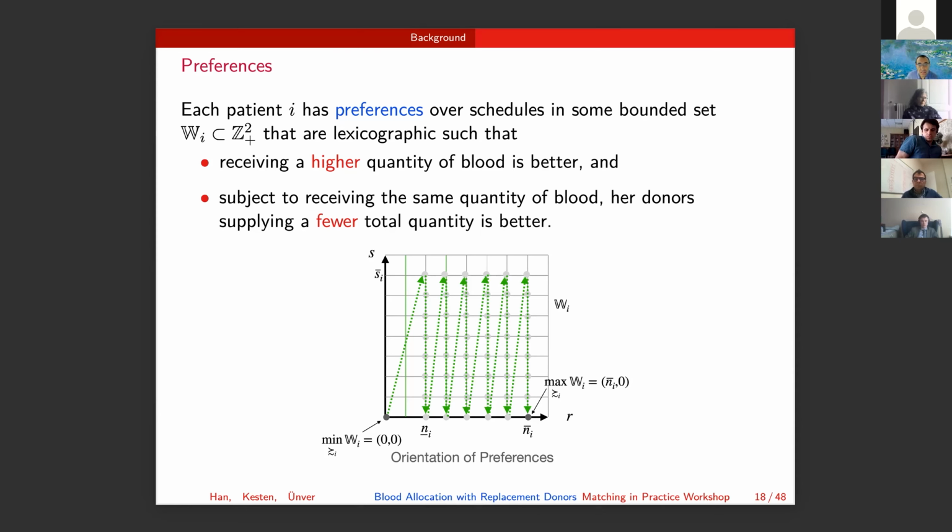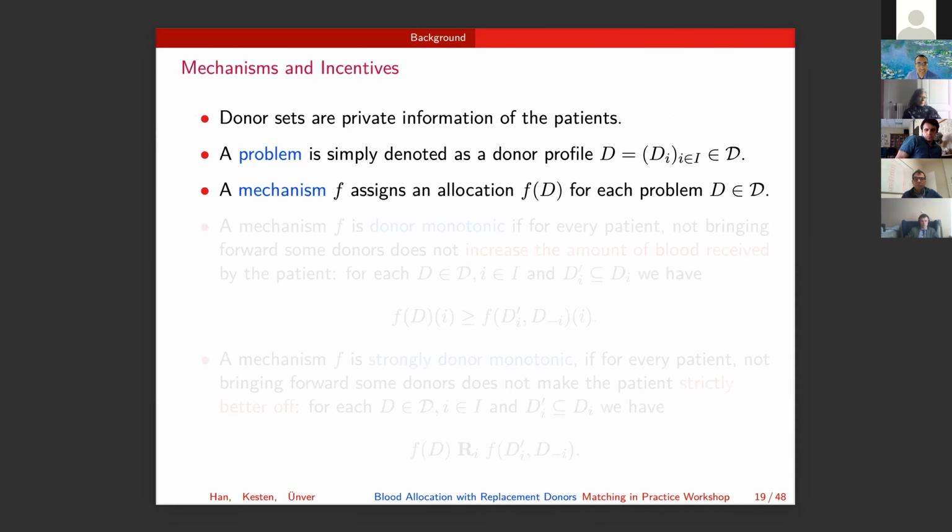All right. So now, like I said, donor sets are private information of the patients. A problem is simply denoted as a donor profile. So that's what I was responding to Francis' question. And a mechanism basically, I'm going to fix everything else, is going to assign an allocation f of d, if f is the mechanism, for each problem denoted by the collection of these donor sets, capital D. Okay.